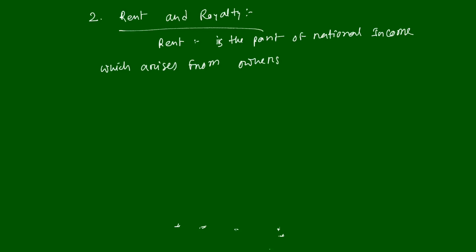Rent is the part of national income which arises from ownership of land and building. So the income from land and buildings is called rent.